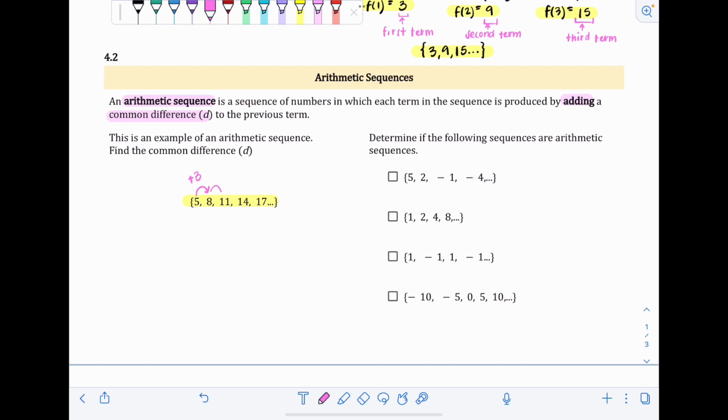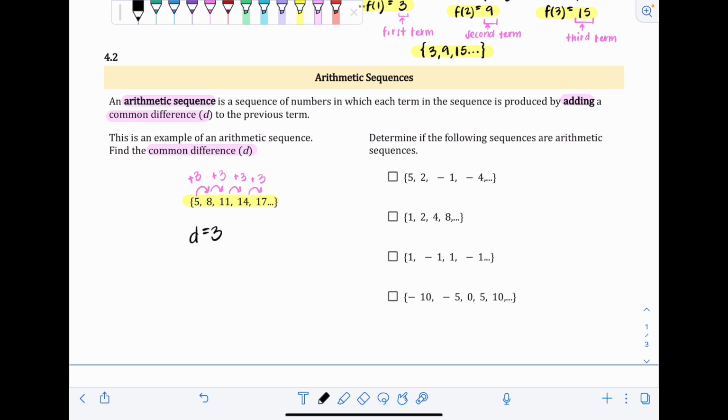To get from 8 to 11, I would add 3 again. To get from 11 to 14, add 3 again. And from 14 to 17, add 3 again. So that plus 3 that we're doing each time to get to the next term, that's d, the common difference. So we would say d is 3.